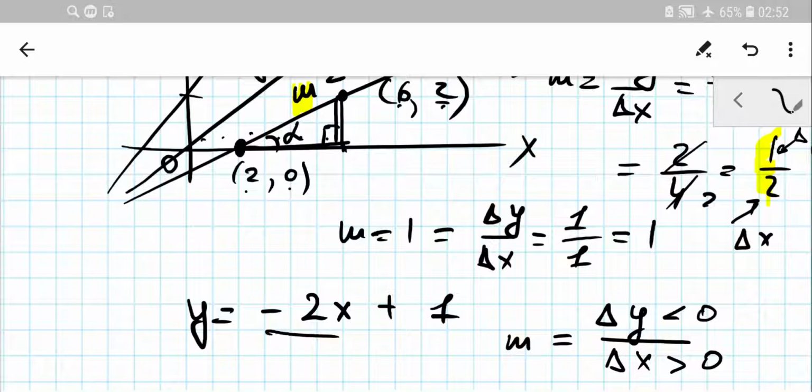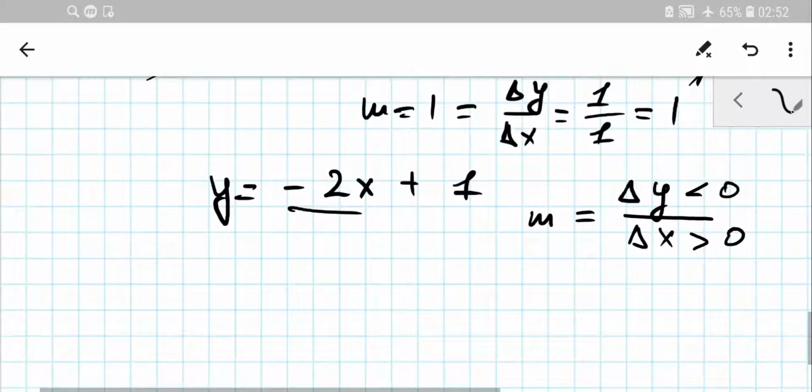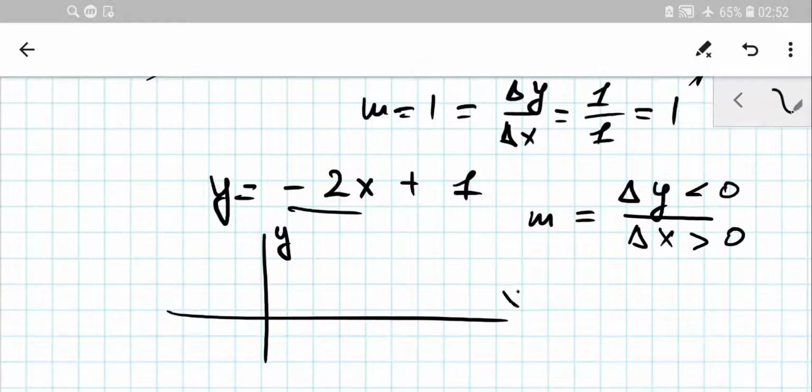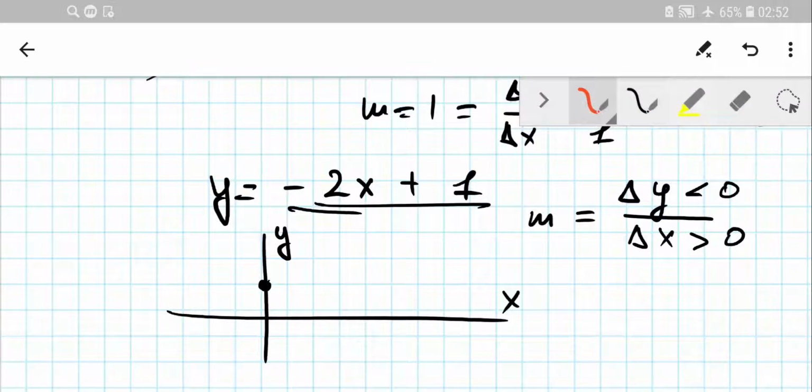What sort of line can represent this? The line corresponding to this equation with a negative gradient should be the line that goes in this way, all right?